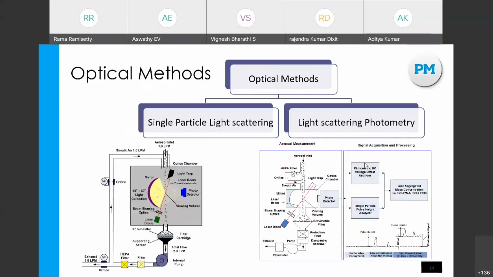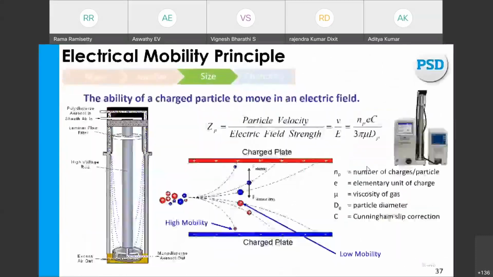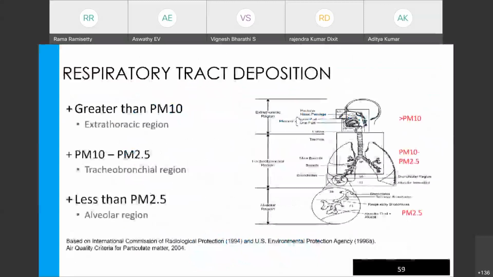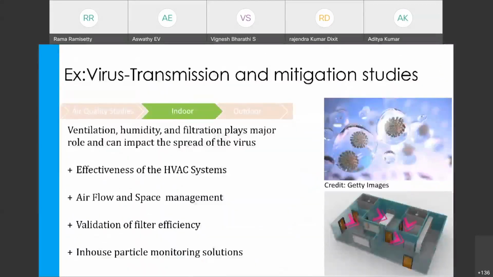Just a minute, I will show you a picture. This picture was released by the German Aerosol Network Society. They did some experiments for COVID-19 last October.